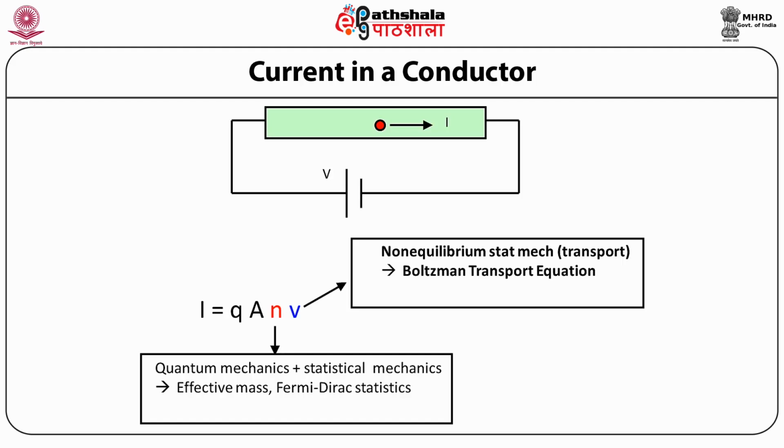The non-equilibrium statistical mechanics corresponds to the electron transport, basically the Boltzmann transport equation, that is I = qAnv. And according to quantum mechanics and statistical mechanics, it follows the Fermi-Dirac statistics.